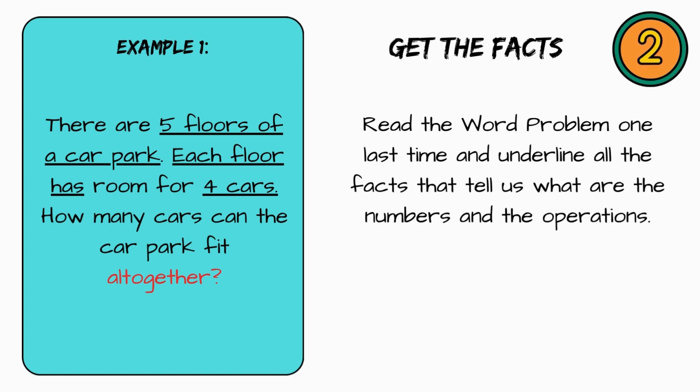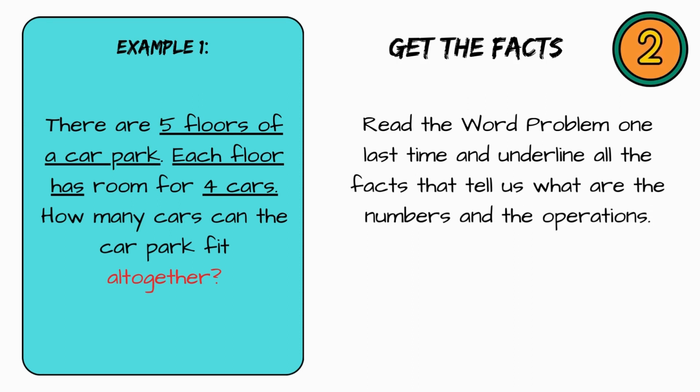And then number two, get the facts. So when we read it, I've underlined and highlighted some facts that will give us the numbers and the operations. I've found there are 5 floors. They give us how many floors there are, and then how many spaces there are on each floor.